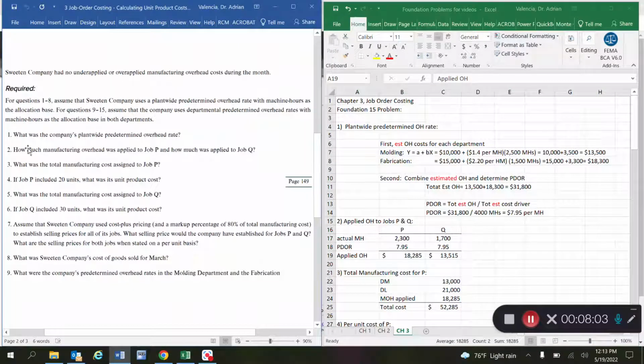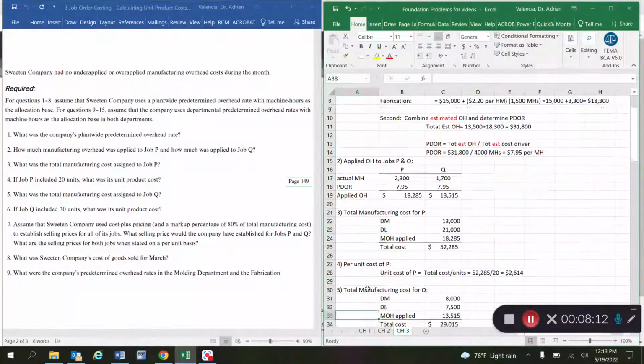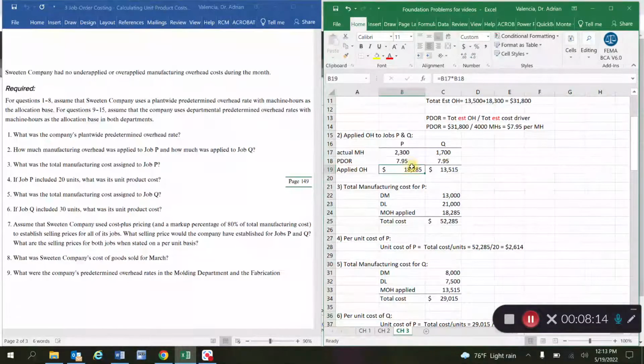Okay, so now that we applied overhead, we go to question number 3. What was the total manufacturing cost assigned to job P? So very easy. Now that we know that this is the applied amount, we just include it as the manufacturing overhead applied for the product cost. Now keep in mind that this is the only one that's kind of tricky in terms of estimating the cost of the product.